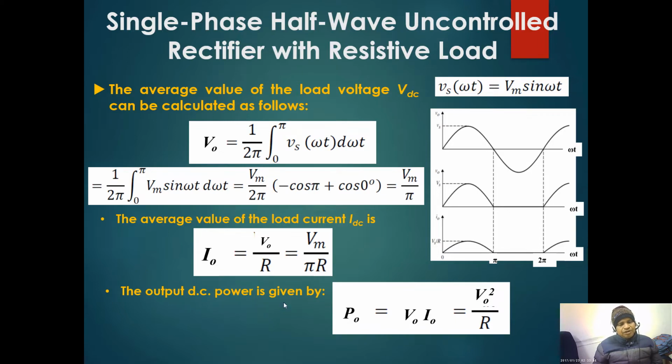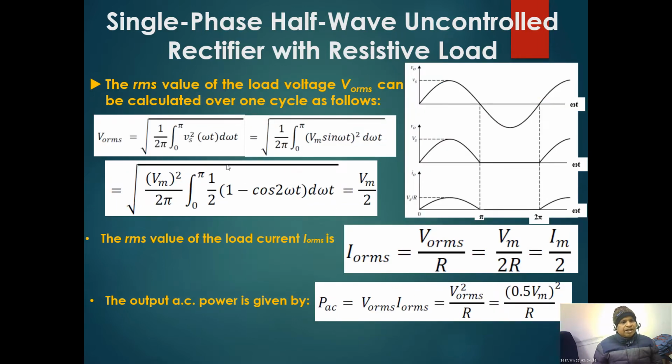So the output DC power is nothing but V naught into I naught, which is equal to Vm square by pi square R. And if you want to find the RMS value of this voltage, we can get it by using this equation. V0 RMS is the square root of 1 by 2 pi integral from 0 to pi of Vs square d omega t.